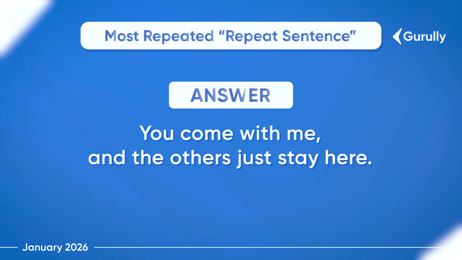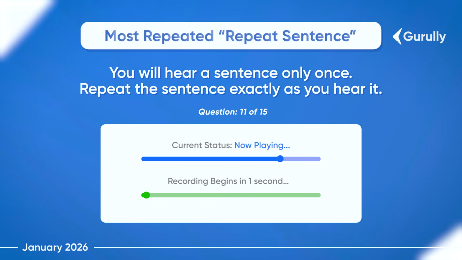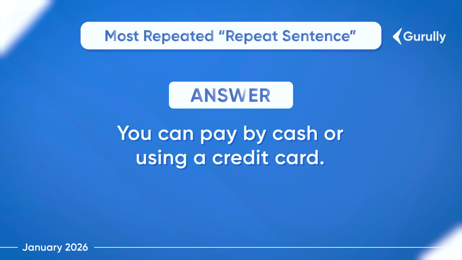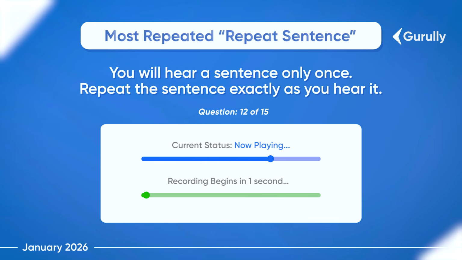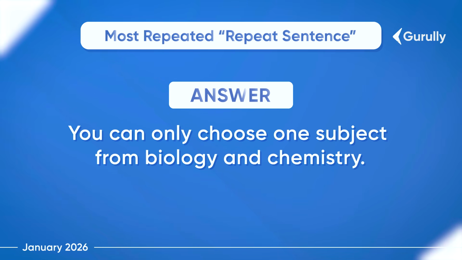You can pay by cash or using a credit card. You can only choose one subject from biology and chemistry.